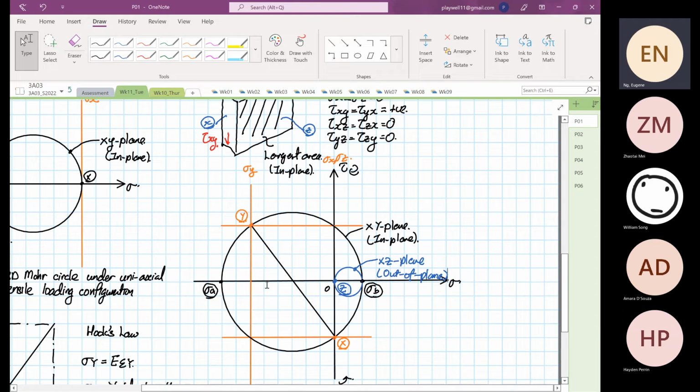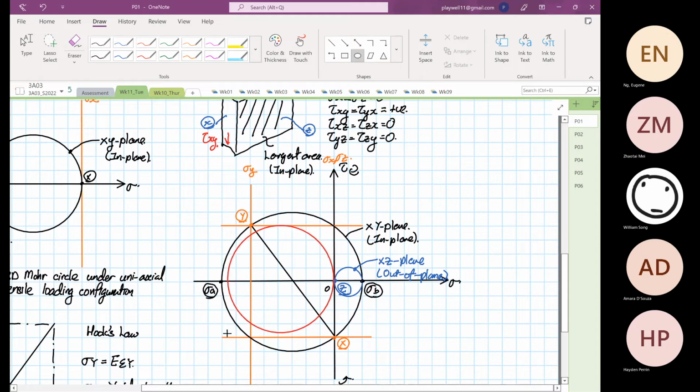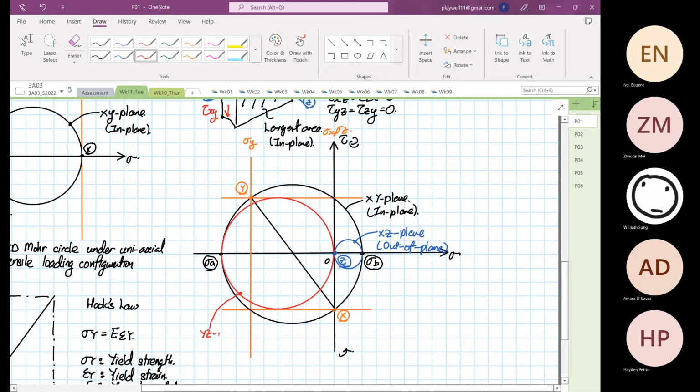And the last one, which is the one I'm currently drawing, this belongs to the YZ plane. And this is also out of plane.